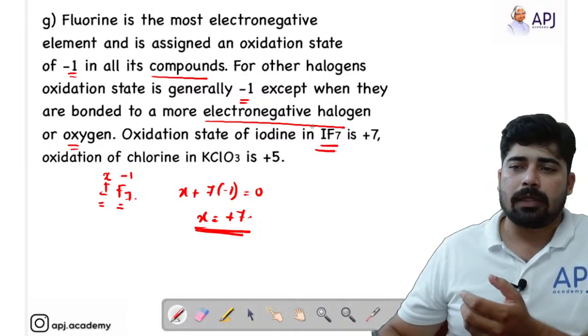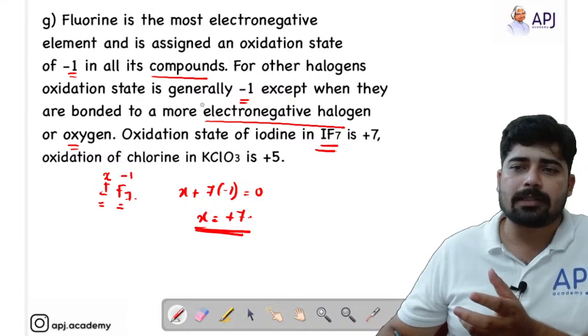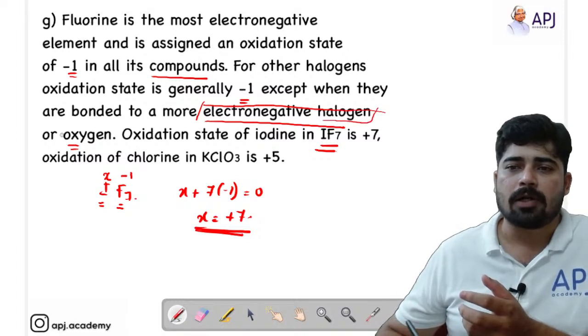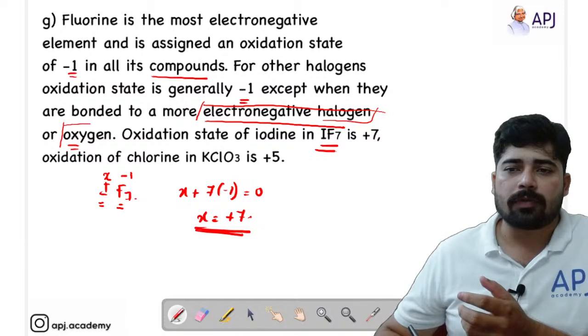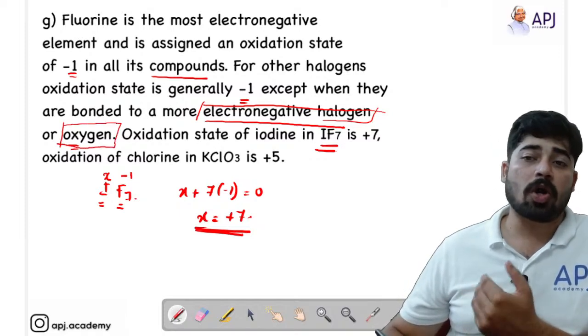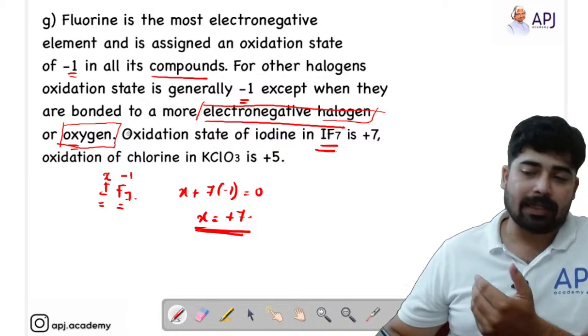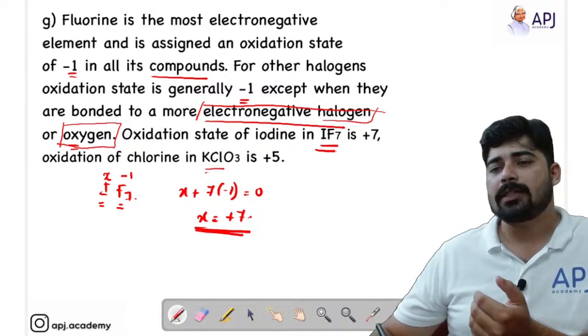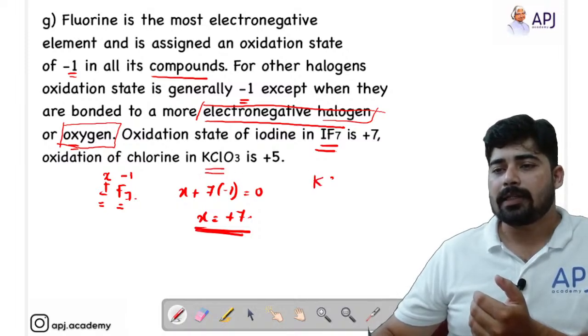Similarly, there are 2 points you have to remember: when they are bonded to a more electronegative halogen or oxygen. If they are bonded to oxygen also, there is an exception. That means they do not show the oxidation state -1 in these two cases. For that, I'll take another example, KClO3.